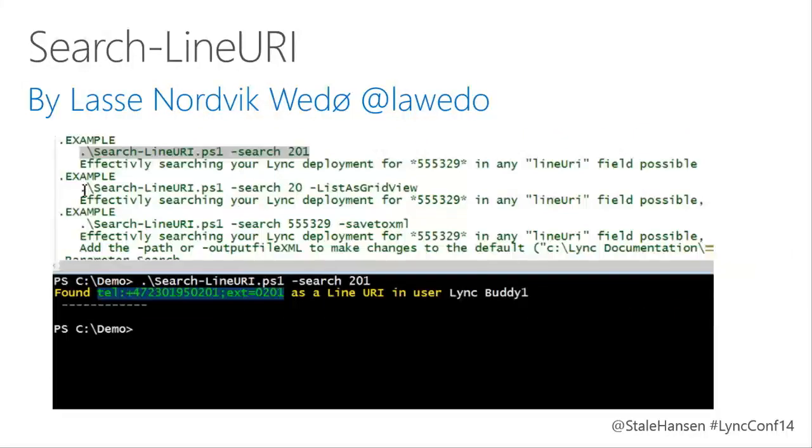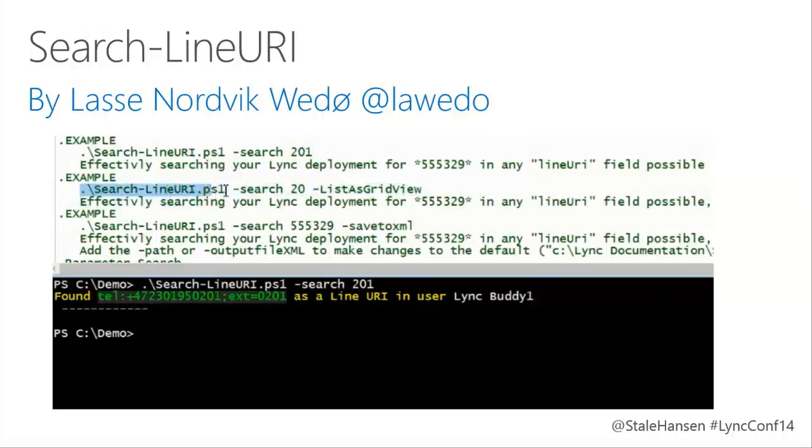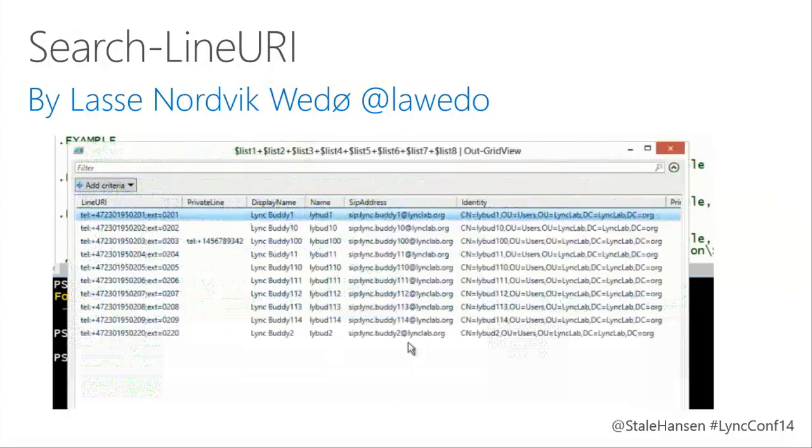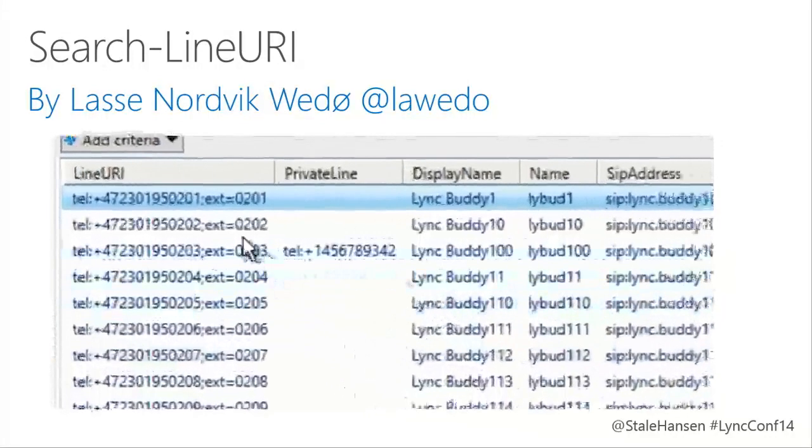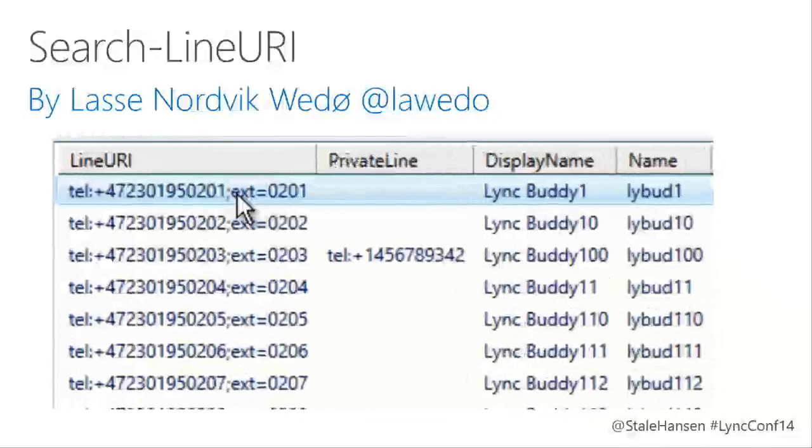You can also output to grid view. This is good if you want to find all the users within a number range, or within a specific number series. It's a good way to dump that out and get the info you are looking for.